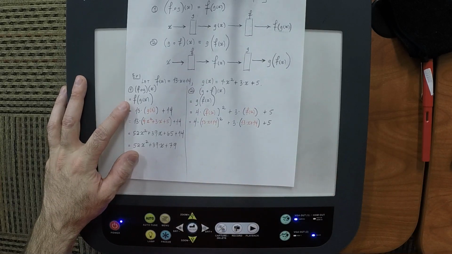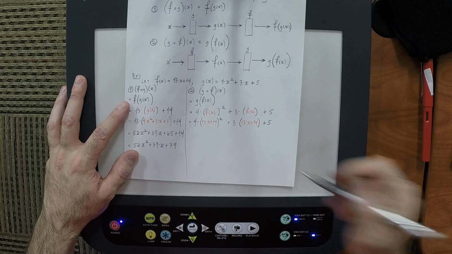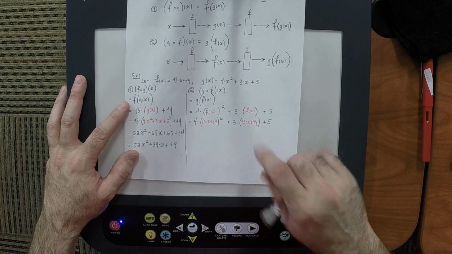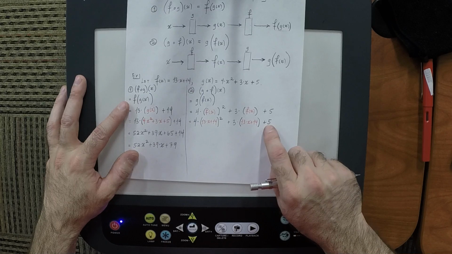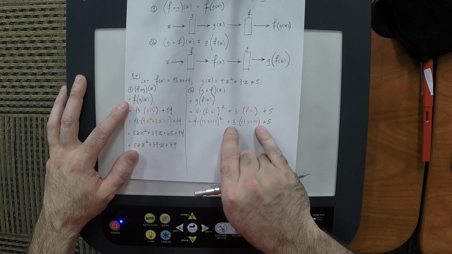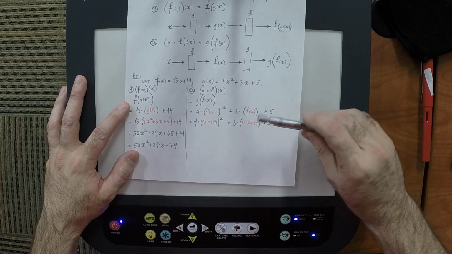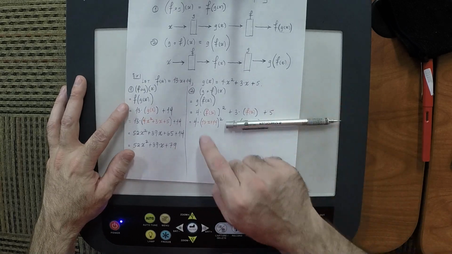Now it's all over except for the algebra. All right. So that one's easy enough. You've got to distribute. So I won't ask about those, but I do want to ask about this one.